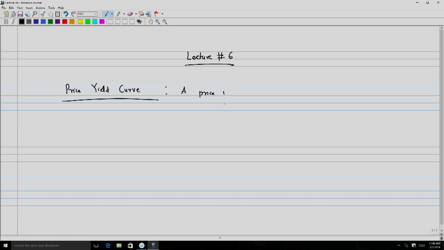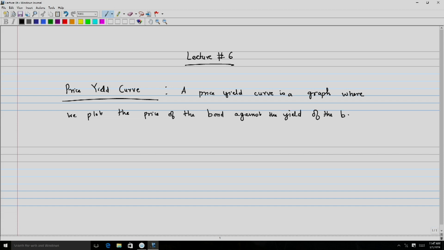A price yield curve is a two-dimensional graph where we plot the price of the bond on the y axis against the yield of the bond.